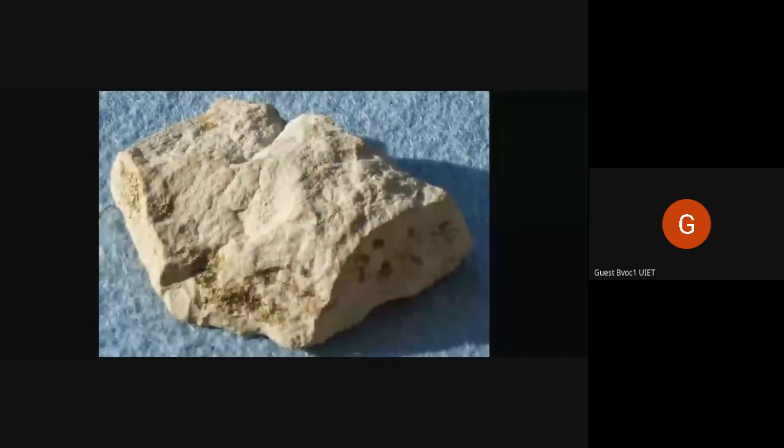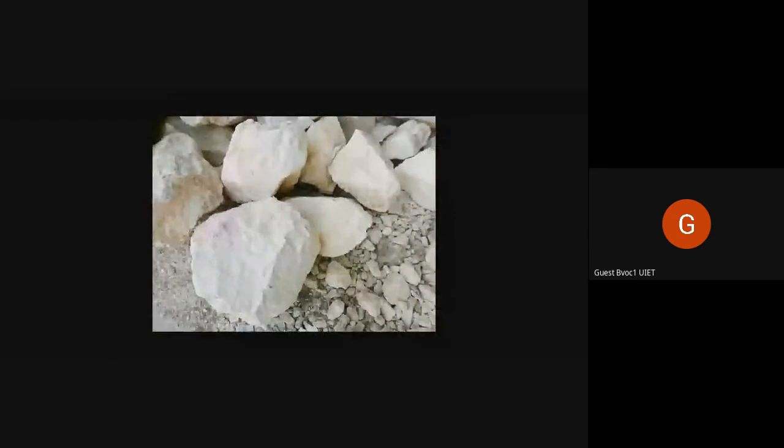See, this is limestone and this is chalk.